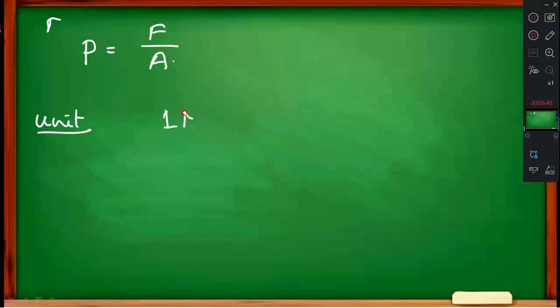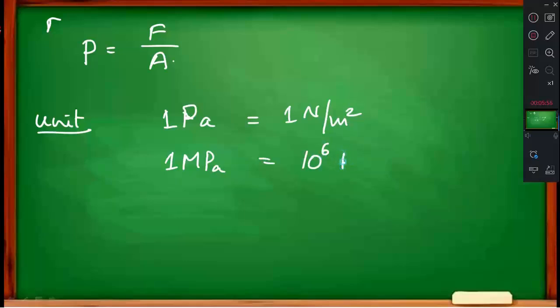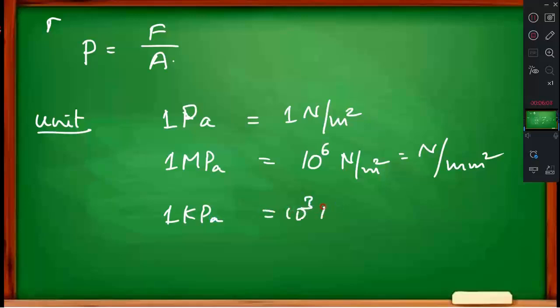1 Pa is equal to 1 Newton per meter square. 1 MPa is equal to 10 raised to 6 Newton per meter square, which is also Newton per mm square. 1 kPa is 10 raised to 3 Newton per meter square. 1 GPa is 10 raised to 9 Newton per meter square.